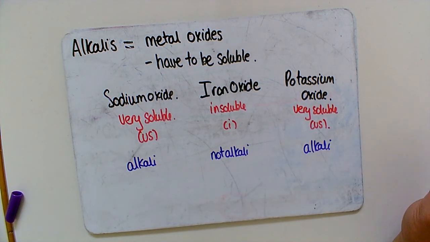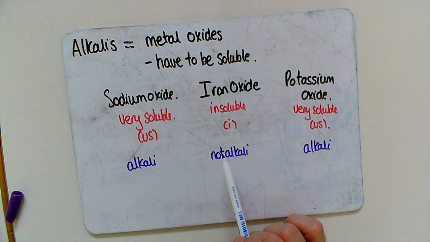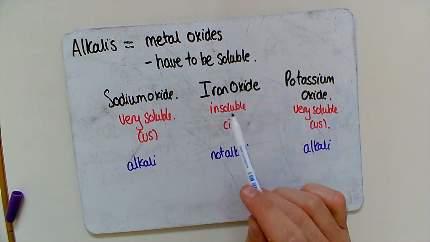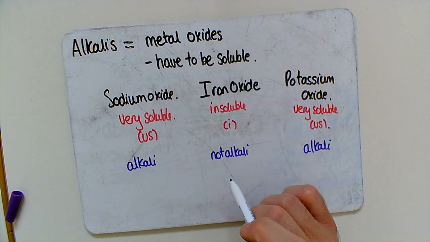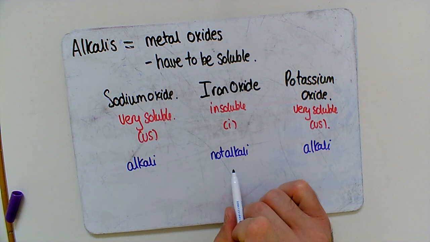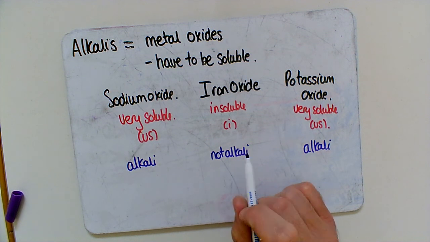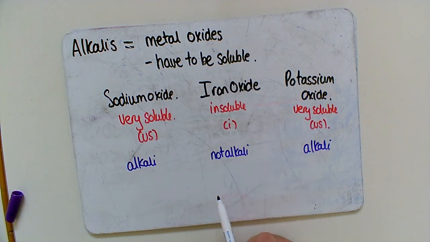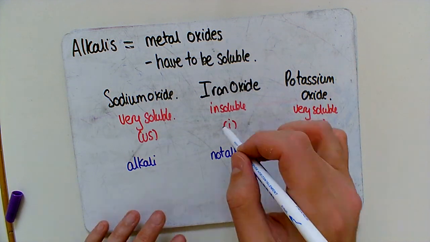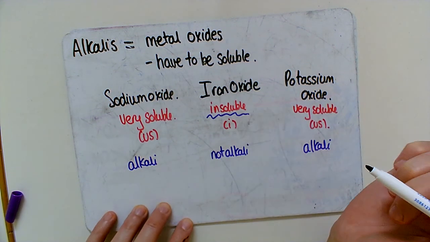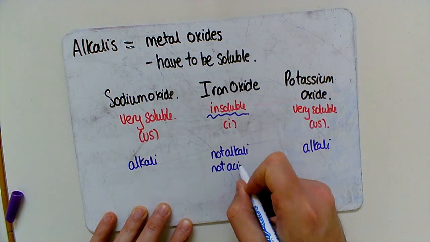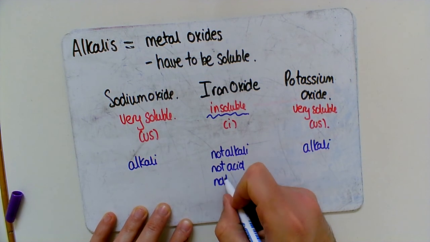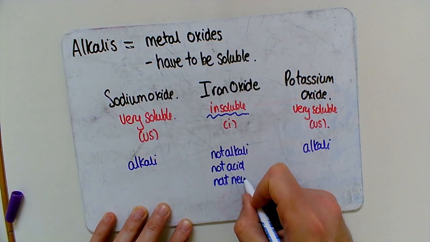Now there's one thing to be really cautious of, and that's with iron oxide. Iron oxide is not soluble and it's not an alkali. But that doesn't mean that it's an acid or that it's neutral. It just means that it's not an alkali. It's really important that if you are insoluble, you're not an alkali, you're not going to make an acid solution, you're also not going to make neutral.